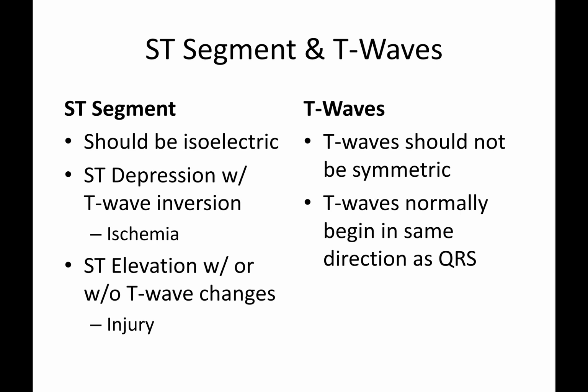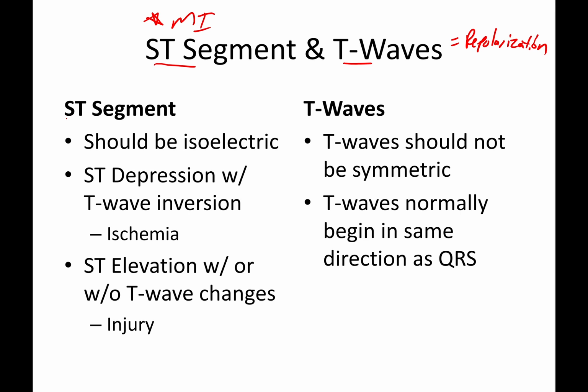So, ST segment and T waves are going to be huge for looking at MIs, because your ST segment and your T waves represent repolarization. So if there's any changes to those, there's a problem with repolarization, which means that there's potentially a problem with blood flow. And that's where you overlap that with the coronary syndrome symptoms.